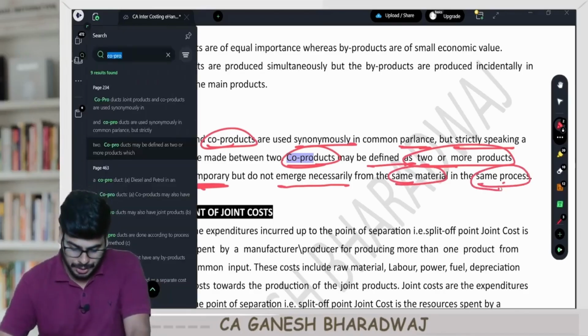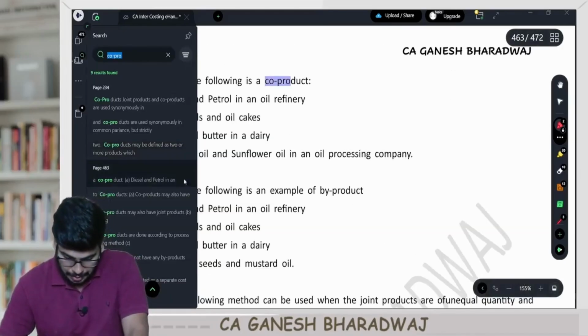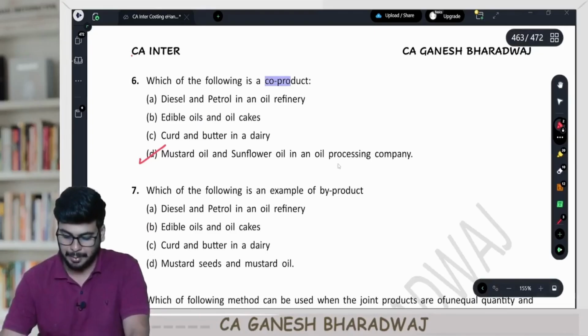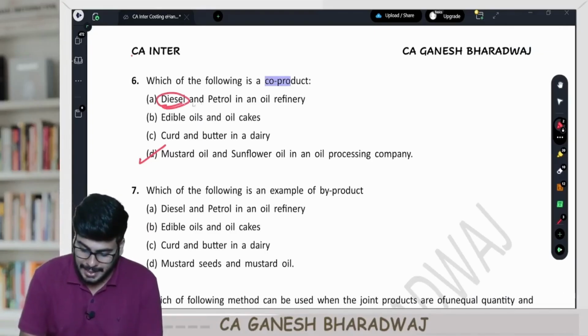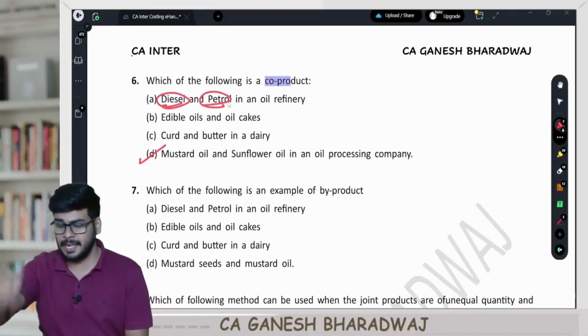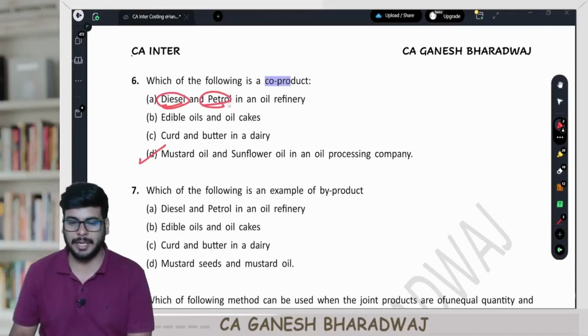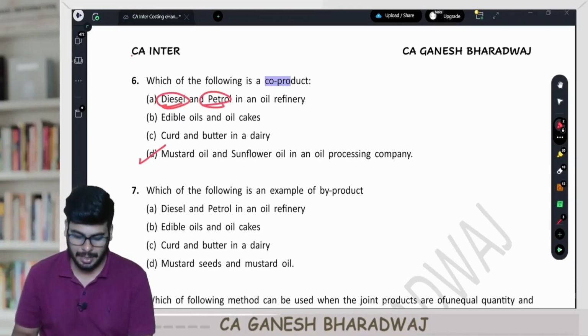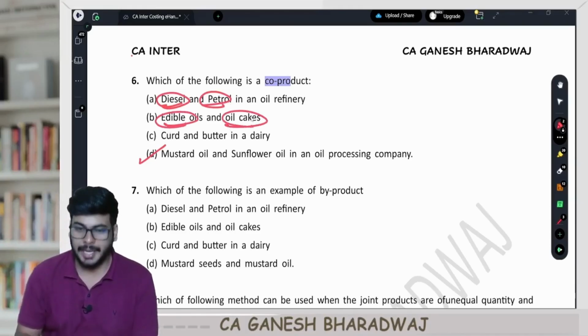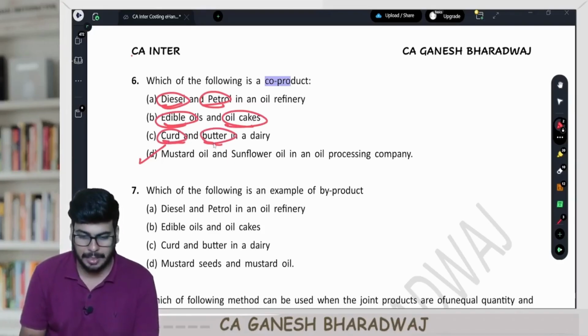Now, if you see in our example, diesel and petrol necessarily have to come from the same process. Correct? Edible oil and oil cake will have to come from the same process. Curd and butter obviously need to come from the same process.